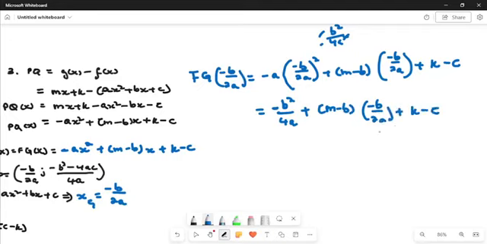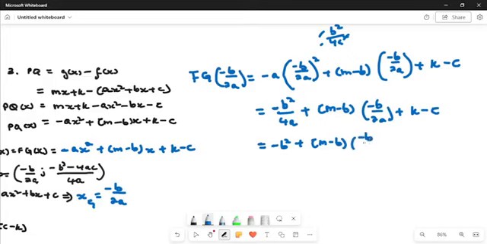And now to simplify this, I'll take my highest common factor, I'll multiply everything by 4a. So we have minus b squared multiplied by 4a. The 4a's will cancel, and then we just have plus this whole product multiplied by our highest common factor. So we'll just say m minus b.